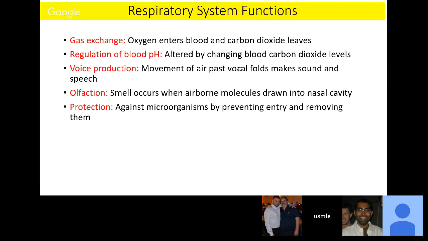So remember respiratory system function: the breathing and gas exchange are the main ones, the regulation of pH, voice production, that is covered in ENT, and olfaction. So the olfactory nerve, Yakov, goes through which bone, which part?